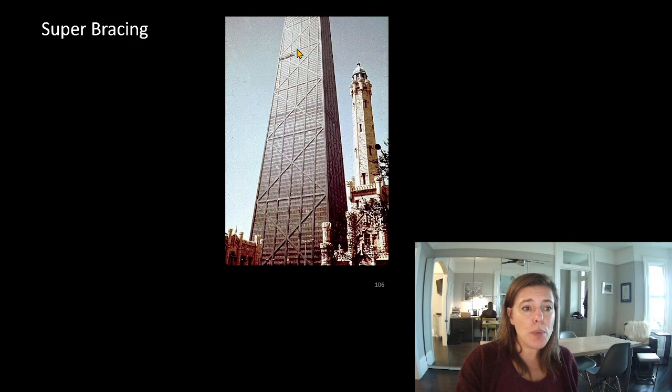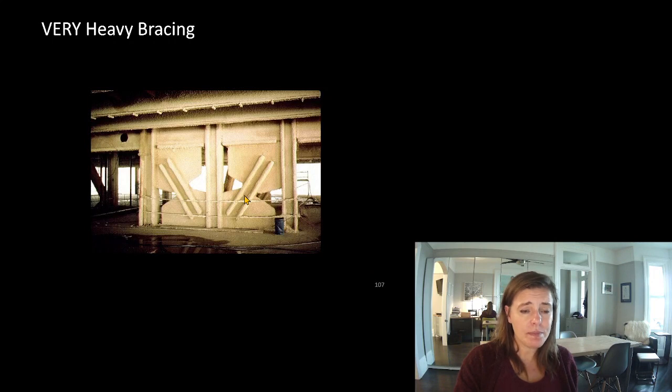You can do super bracing. So this element and this element work for that floor, and this element and this element work for that floor, but they change their location going up the building. And never forget your detailing. I have found that these gussets with certain fabricators end up being very large.